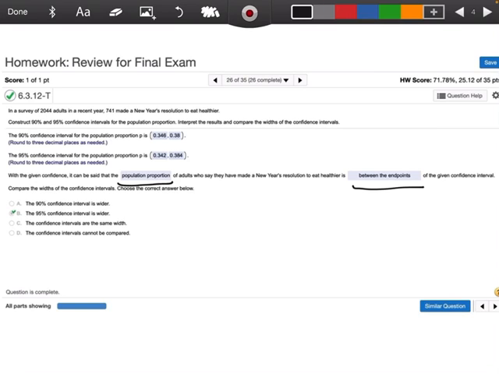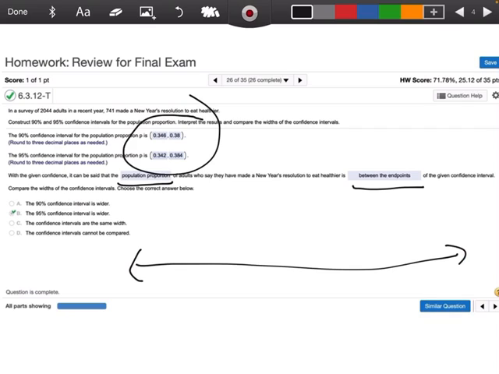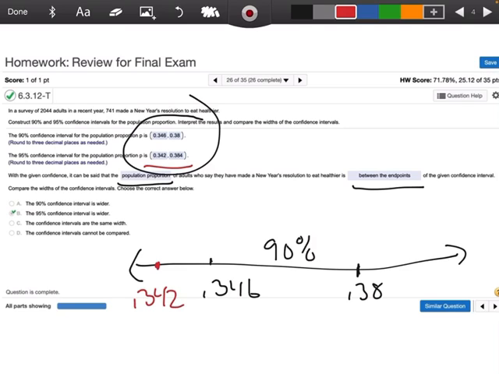And again, the 95% confidence interval is wider. Again, if you were to look at these two, right, and I were to draw a number line, okay, here's my number line. So I'm going to put 0.346, and I'm going to put 0.38, and this is our 90% confidence interval. And then if I do this one here in red, 0.342 is going to be further to the left, right?